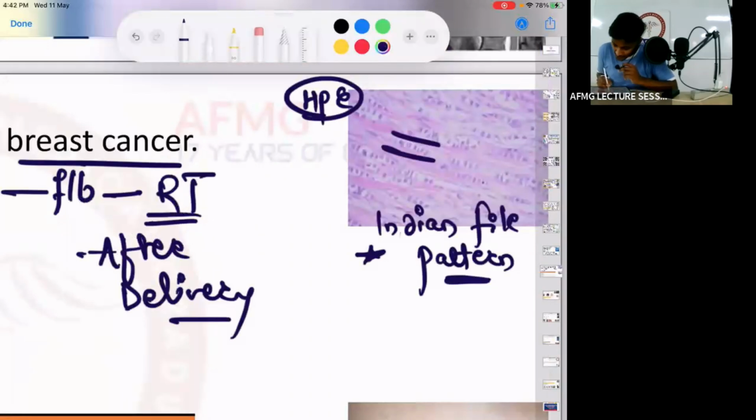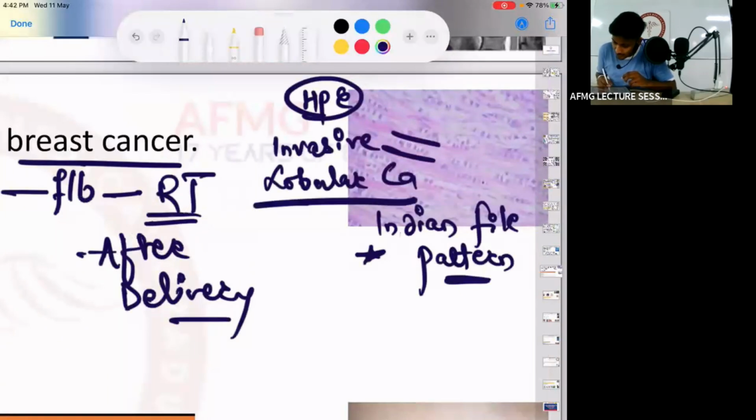Indian file pattern is a feature of invasive lobular carcinoma.